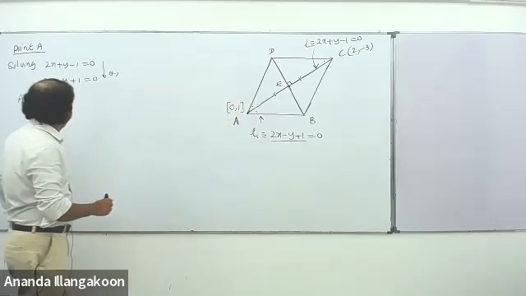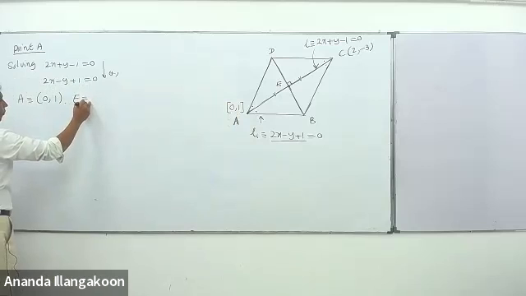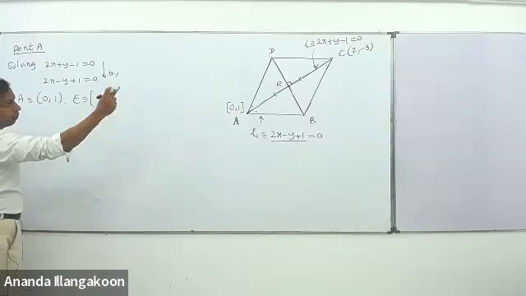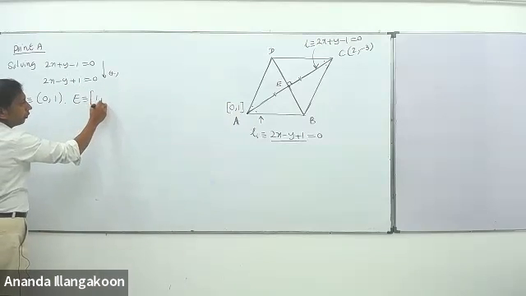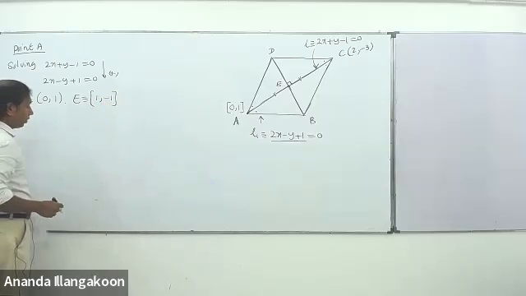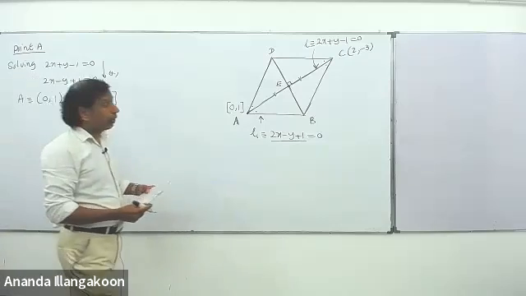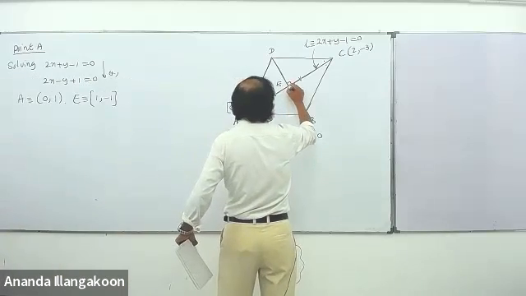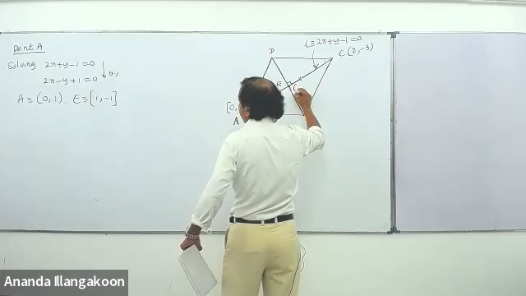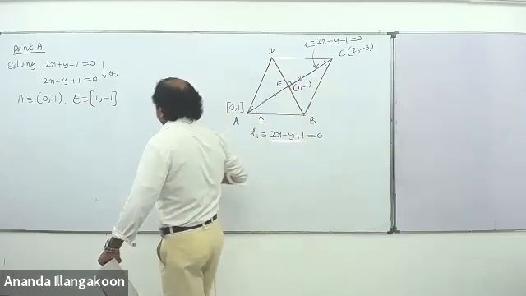Then E: 0 plus 2 divided by 2 is 1, and 1 minus 3 divided by 2 is minus 1. E is (1, -1). That is okay, no? Equation of BD. How to write the BD equation?